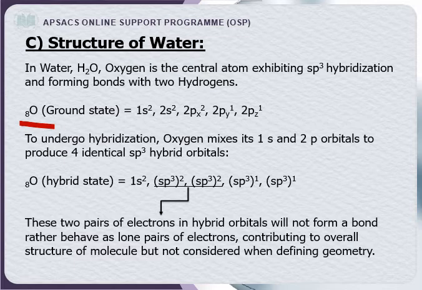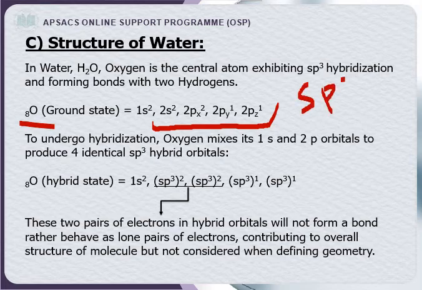None of the orbitals is empty, but it will also undergo sp3 hybridization. 4 orbitals will be mixed together. Every time you mix 4 orbitals, the same type of geometry is formed, that is, a tetrahedral geometry will be formed for the central oxygen atom.